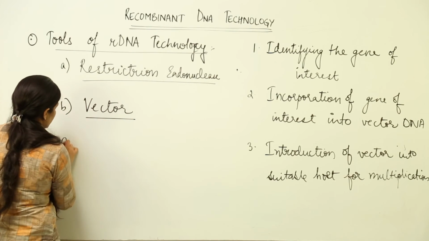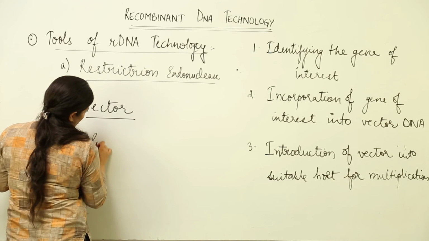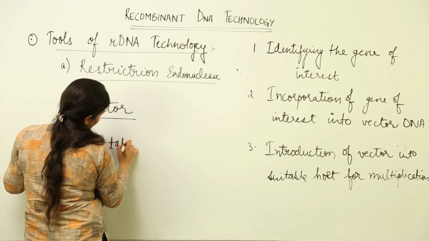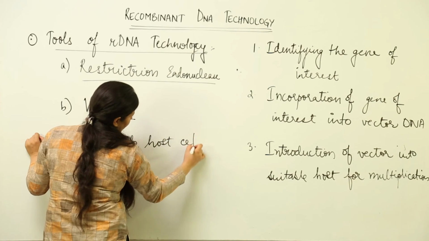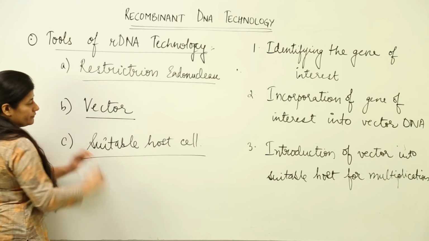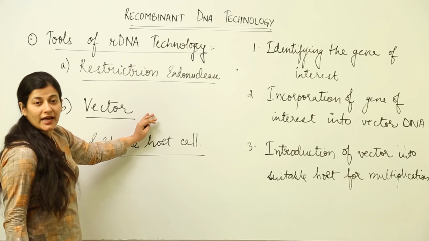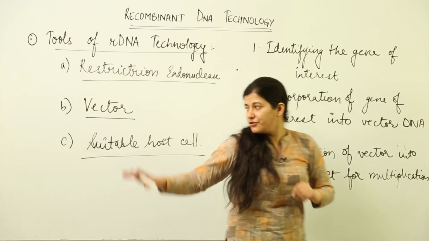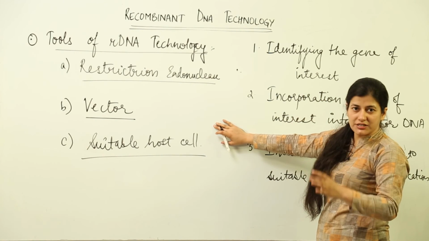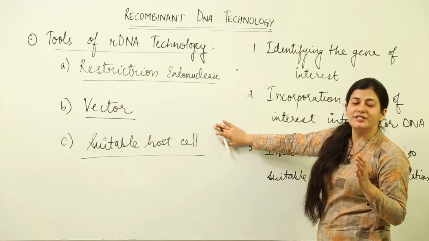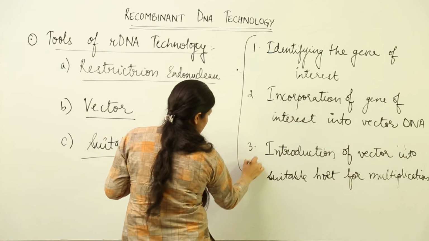Okay, and that particular cell would be a suitable host cell that is ready to take up the recombinant DNA which is present inside the vector. So these are the 3 tools which are required for carrying out the recombinant DNA technology in order to obtain a genetically modified organism, which is obtained by following these 3 steps.